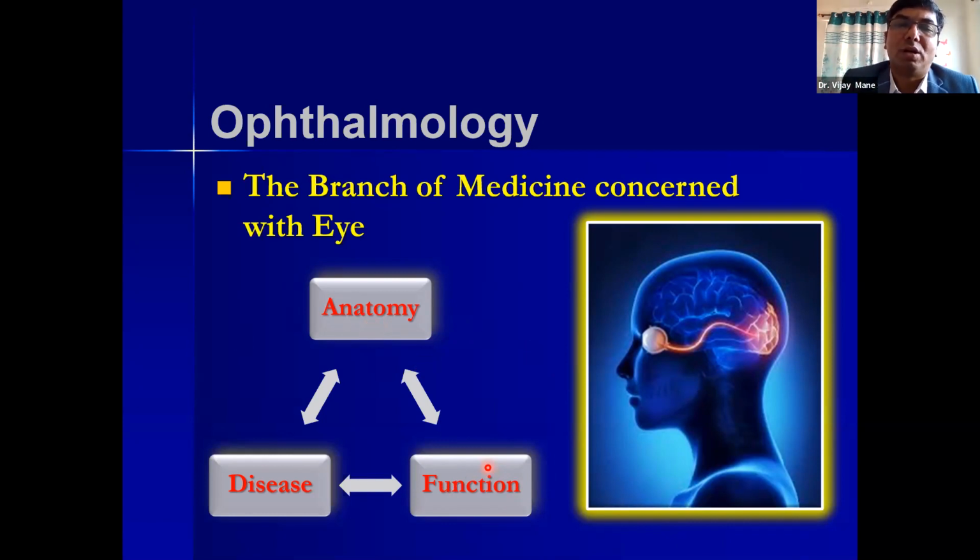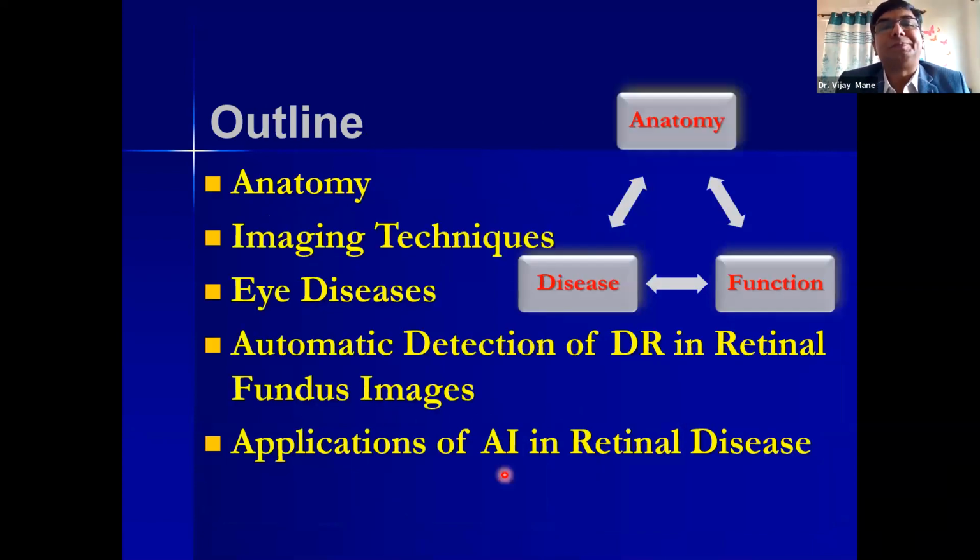I'll be showing all the details of the eye, its functions, anatomy, and disease from the engineering point of view, so that you will be able to understand and apply these in image processing algorithms for developing many such algorithms.